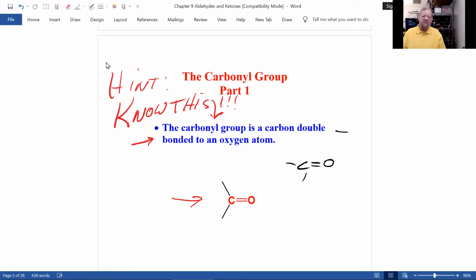This is probably one of the most important things to me personally in all of organic chemistry. What is a carbonyl group? Carbon, double bond to oxygen. And you should know how both to draw it and how to write what it is in English. Carbonyl group, carbon, double bond to oxygen.